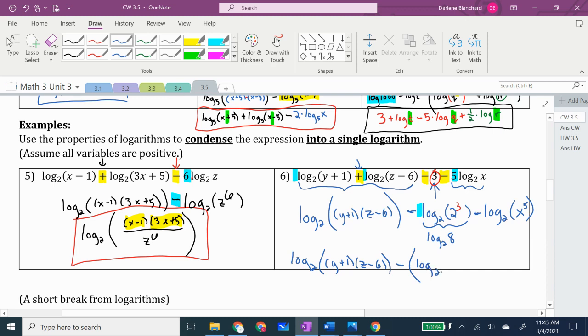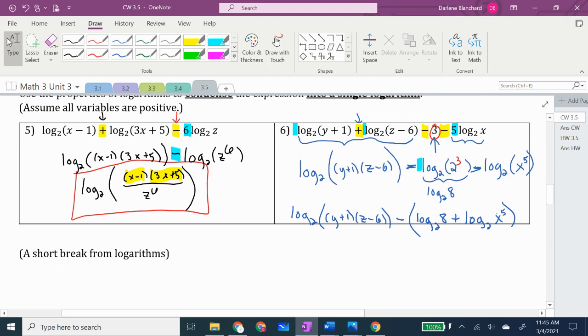the first logarithm has an 8 inside. The second one being subtracted, I'm factoring the negative out of both logarithms. So now I'm adding these two logarithms. And when I'm adding the logarithms, they can condense by multiplication.